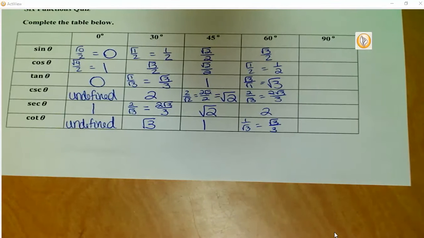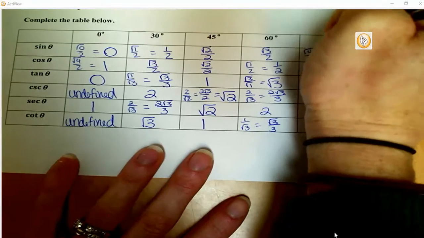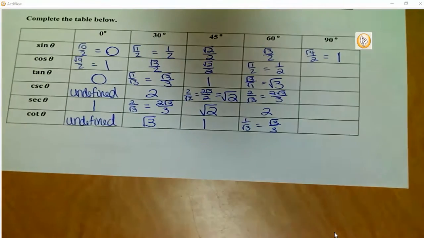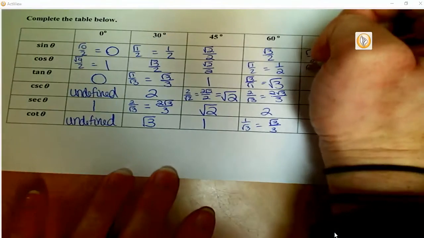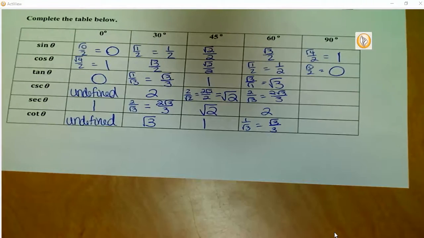And 90. So sine would be radical 4 over 2, so 2 over 2, which is 1. Cosine, there are no fingers below, so radical 0 over 2 is 0. Tangent, sine over cosine, or radical 4 over radical 0, undefined.